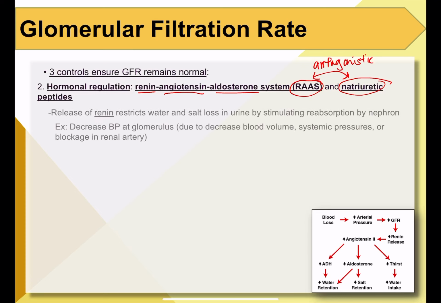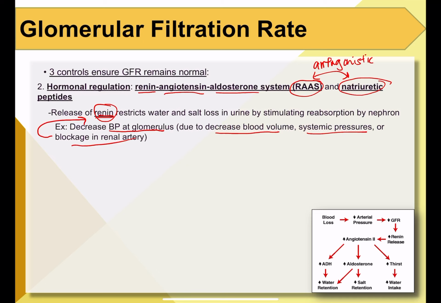So the kidney will release the hormone renin when you need to restrict water and salt loss in the urine. Let's say you don't have enough water content in your body, so we don't want to excrete as much water out. That's when your kidney will respond by releasing renin. A decrease in blood pressure in the glomerulus due to decrease in blood volume, systemic pressure, and blockage in the renal artery will all cause renin to be released.